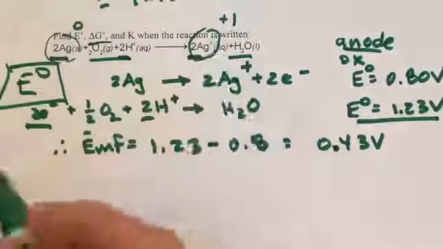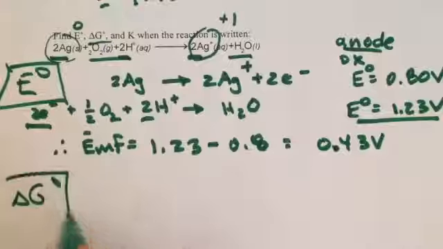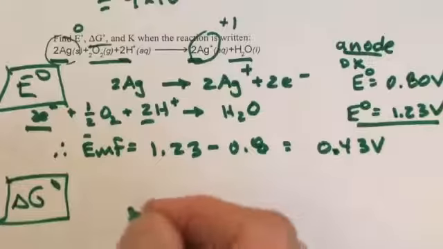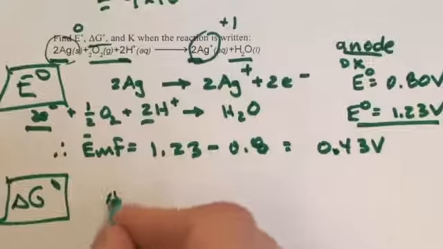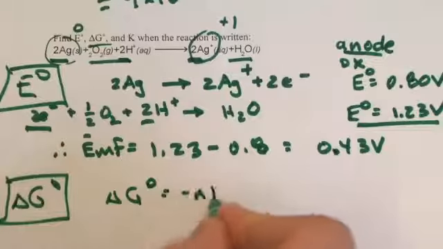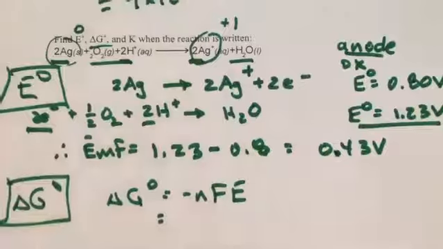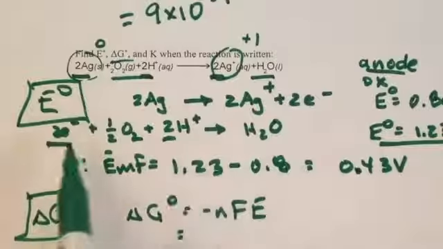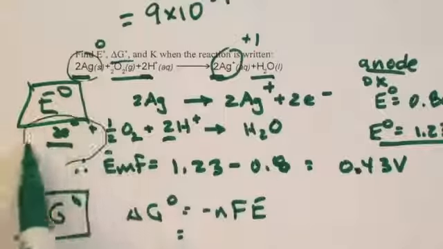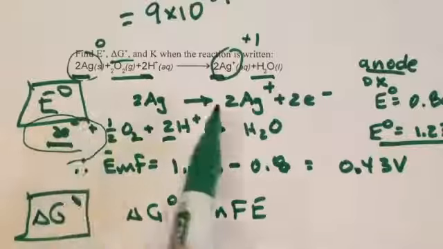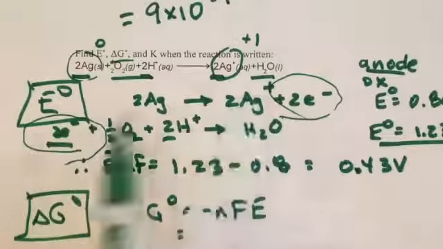Next, it asks me to find delta G circle. And remember, the equation for this is delta G is equal to negative NFE. And the N here, if I look at the balanced chemical half reactions, 2 electrons are gained here, and 2 electrons are lost here.